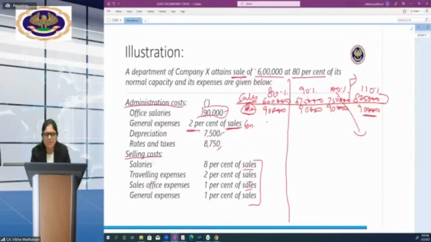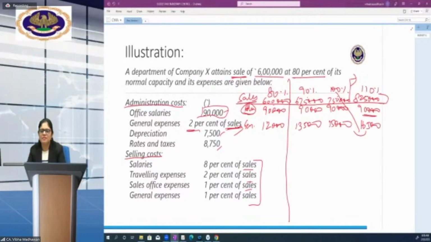General expenses, 2% of sales, 6 lakh into 2%. Come on, 6 lakh into 2%. Please give me the figures. All right, so 12,000, of course, it's 2% of 6 lakh. It has to be 12,000. Then 13,500 is a percentage of sales, as you can find out. Then for 100%, it has to be 15,000, and for that it has to be 16,500.